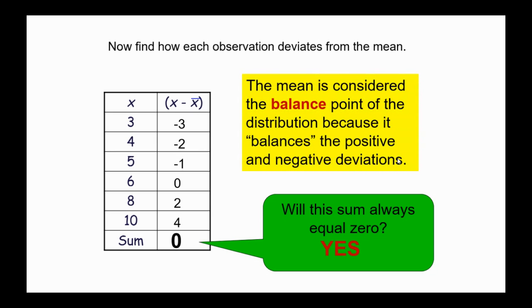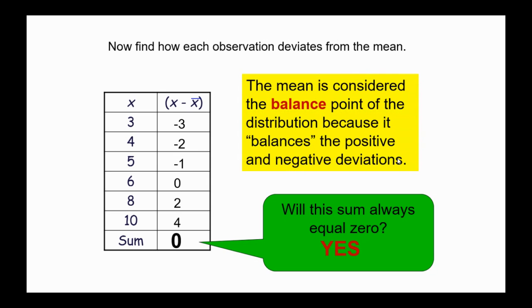I mentioned this earlier, but again, the mean is considered the balance point of the distribution because it balances the positive and negative deviations. So will it always be 0? Yes.